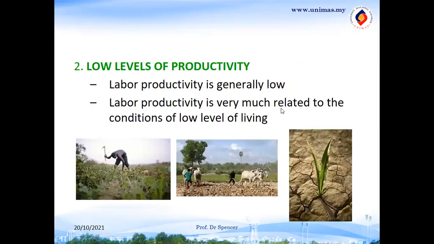Then related to that is the low levels of productivity. So if you have low levels of productivity, therefore the amount of effort you put in will only produce very little, in terms of dollars and cents. So labor productivity is generally low, and labor productivity is also very much related to the conditions of the low level of living that I mentioned earlier on.